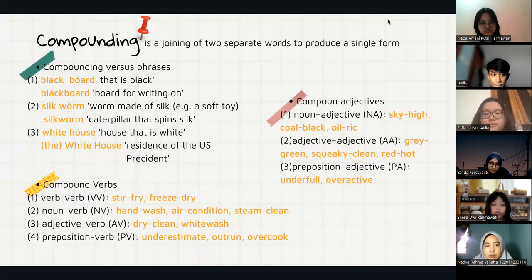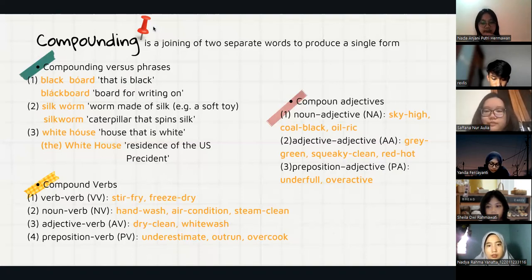This pattern of semantic contrast between expressions in different phrases is quite common, as in the following examples. Black board with a space in the middle means a board that is black, and blackboard as one word means a board for writing on.